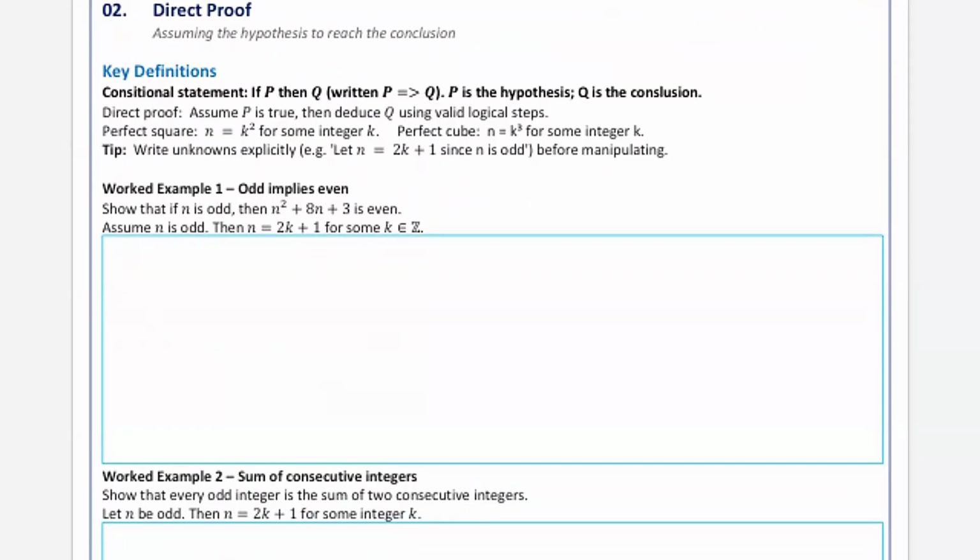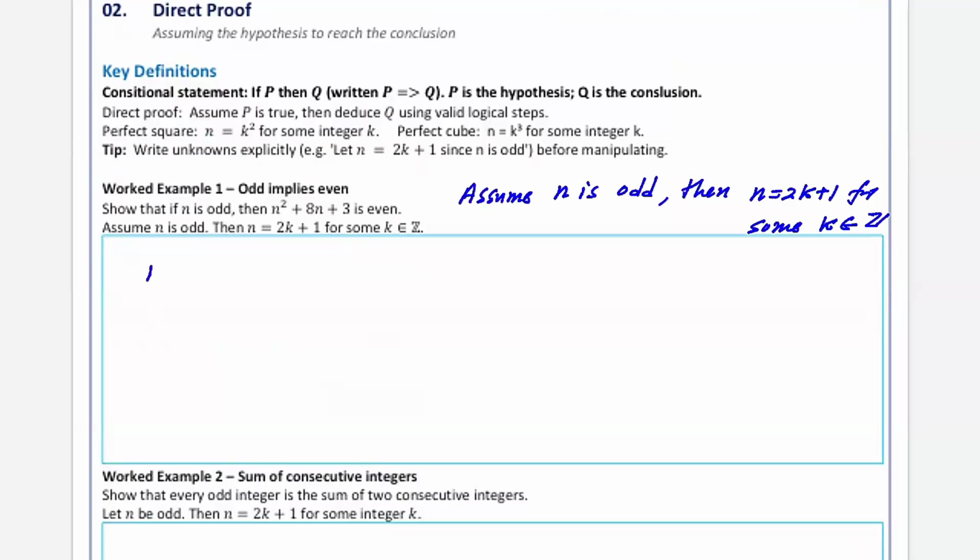So assume n is odd, right? So then n is equal to 2k plus 1 for some integer k. So that is given to us, right?